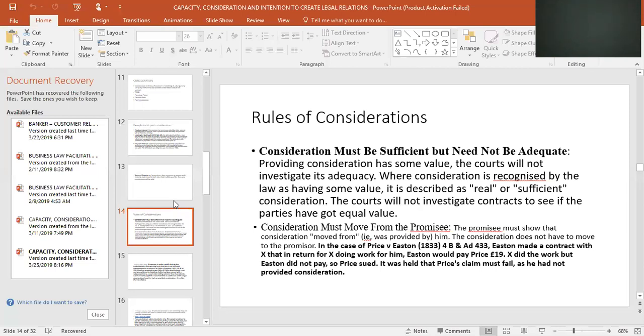If there's a breach of contract between two parties and the matter finds its way to court, the courts normally use these rules as the benchmark to determine whether a particular act performed amounts to a good consideration or not.